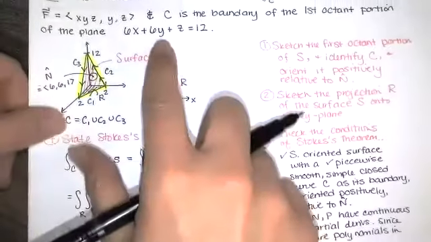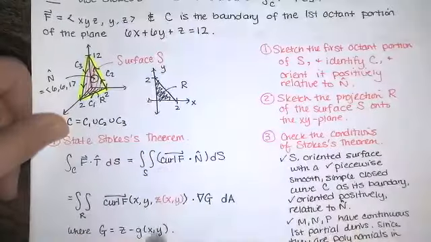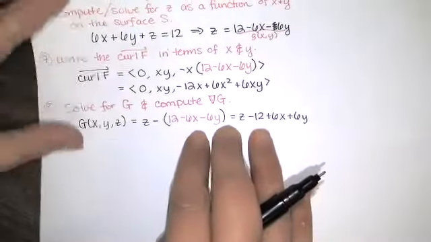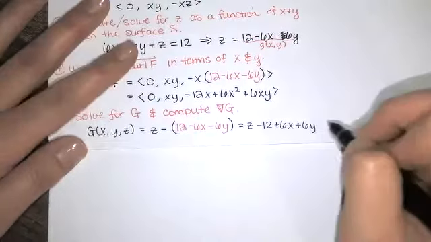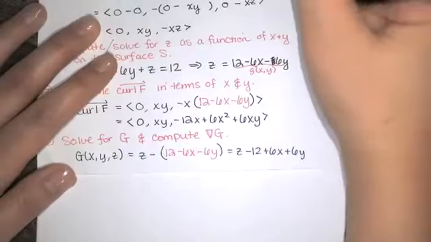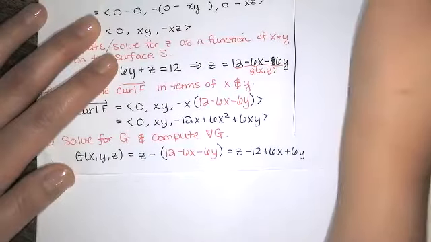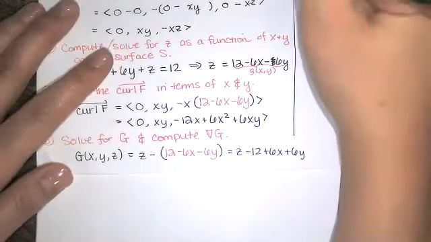Notice that's exactly the same thing that we would have here if we just subtracted the 12 from both sides. It's the same result, we just found it a slightly different way. So that's our capital G, and we want the gradient of capital G.